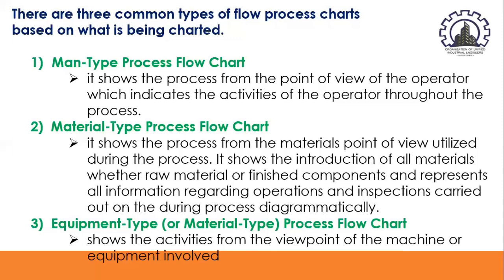And if we say material type process flowchart, it shows the process from the material's point of view utilized during the process. It shows the introduction of all materials, whether raw material or finished components, and represents all information regarding operation and inspections carried out during the process.